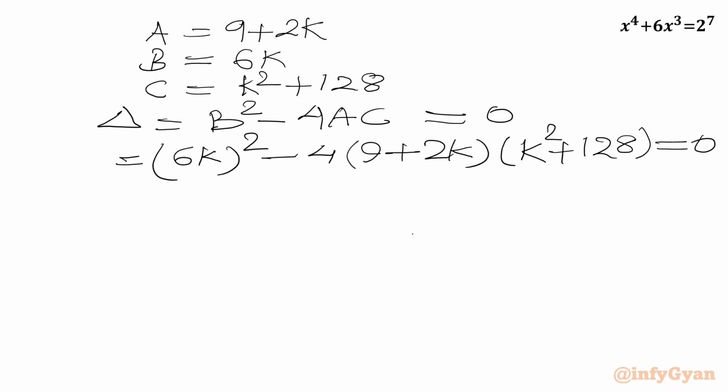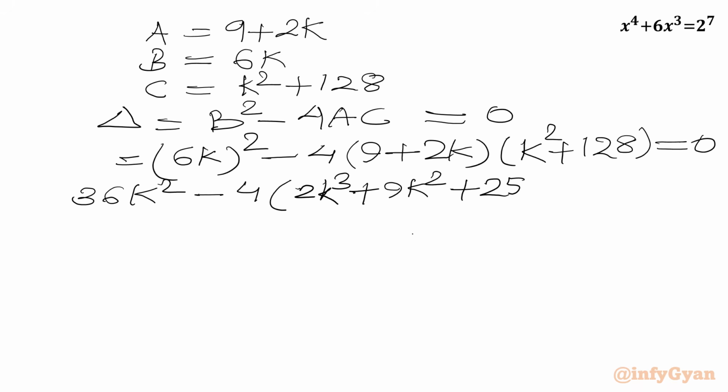Now we'll simplify and write here 36k square minus 4 times, in the bracket, we'll write 2k cube. 2k times k square is 2k cube plus 9k square plus 256k plus 1152 equal to 0. Now minus 4 times 9k square is minus 36k square, which will cancel this term.